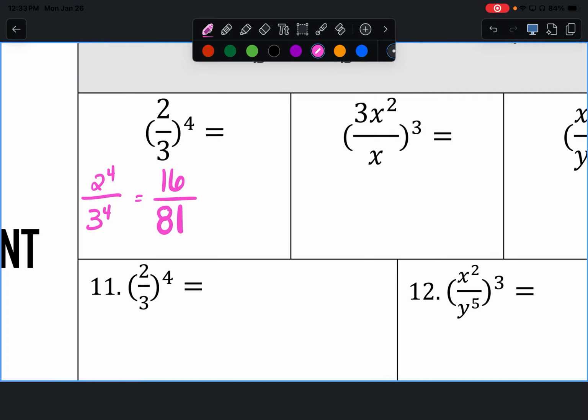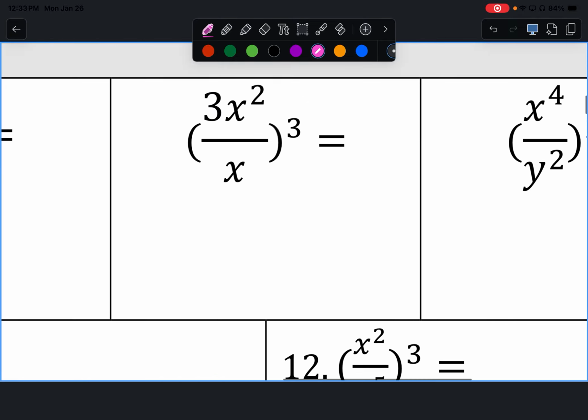Then we can look at the next one. Okay? For the next one, both of these things have to get raised to the power of 3. So we're going to have 3 to the power of 3. And then we have x squared to the power of 3. What would that end up with? X to the what? Over what?